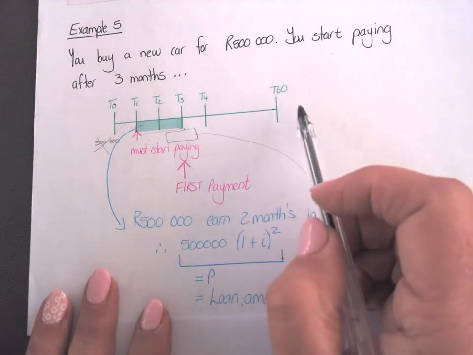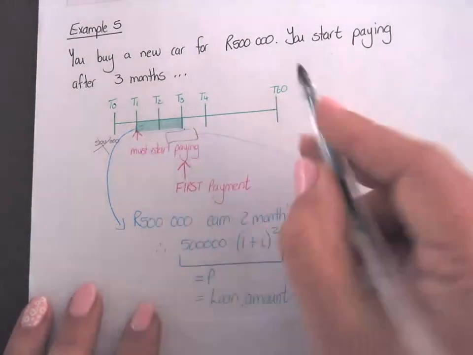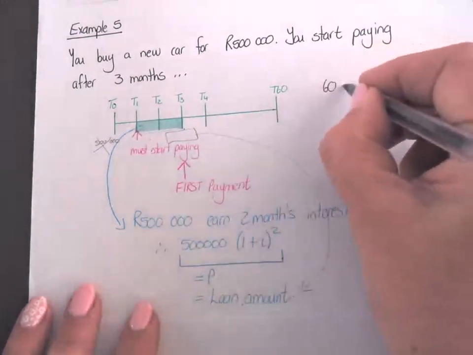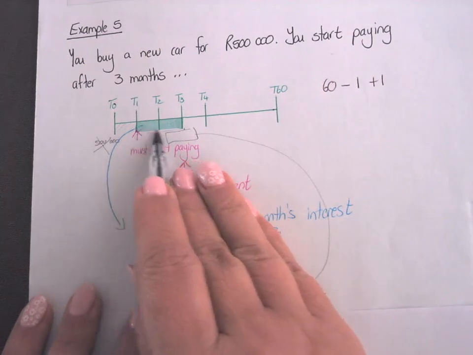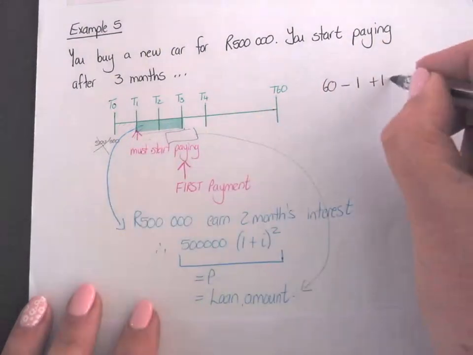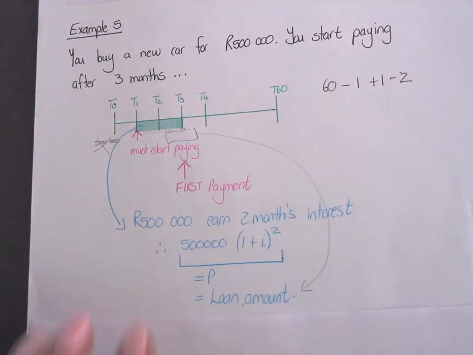Because that's how this one does. Yeah, but in this case, we missed 2 payments. So it should have been 60 minus 1 plus 1, but now we missed 2, minus 2. That's why we're saying minus 3, ma'am. Yeah. So 60 minus 3 plus 1.